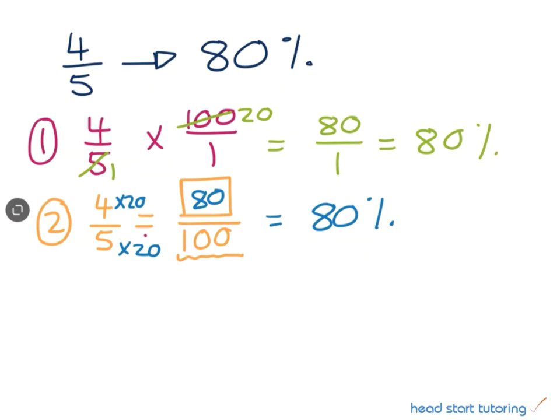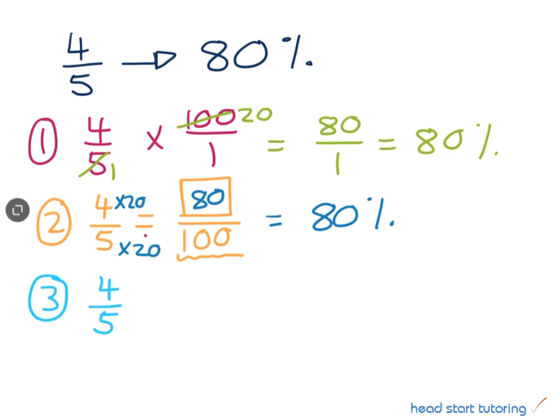You can also convert your 4 over 5 into a decimal, and then multiply your decimal by 100 in order to get your percentage.